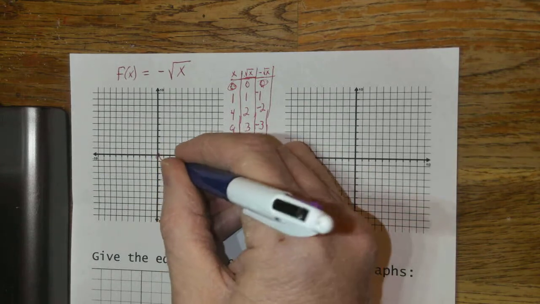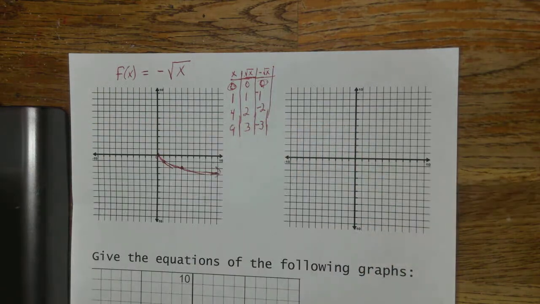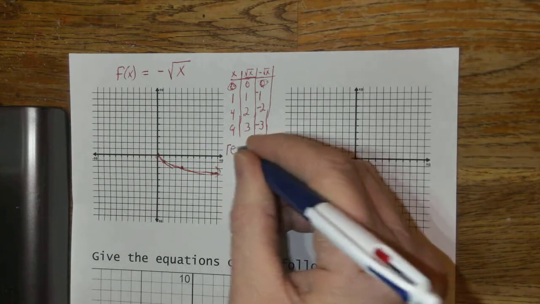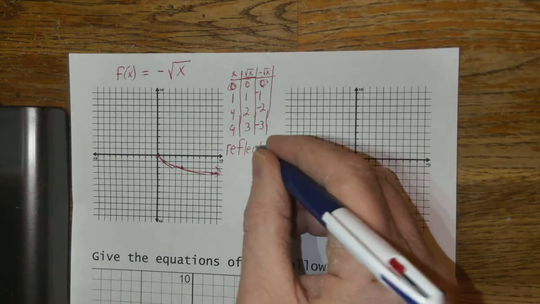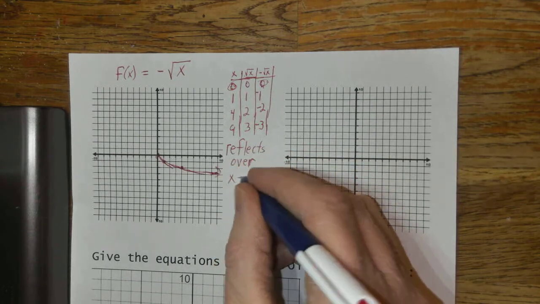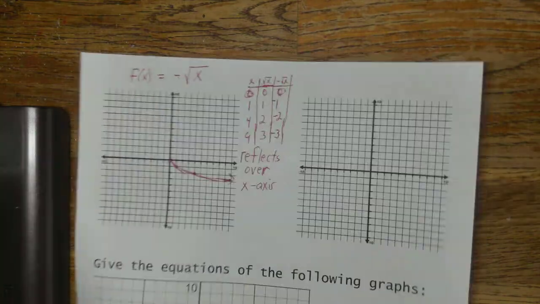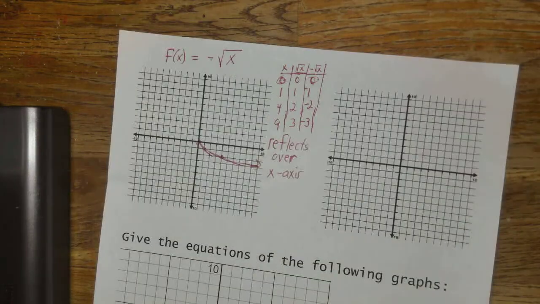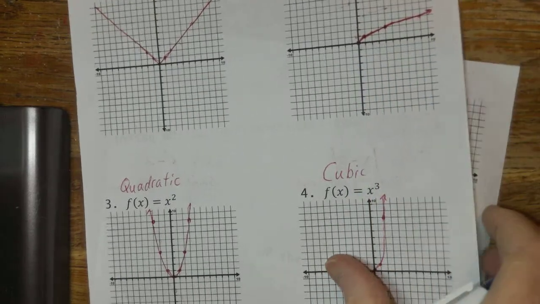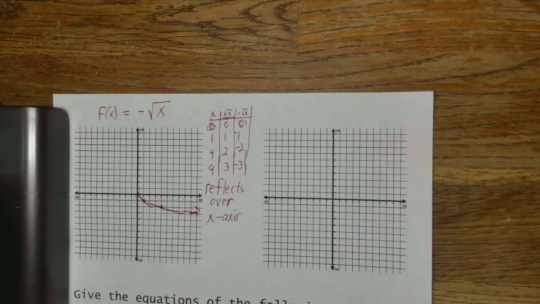So now the square root function has just been flipped over the x-axis, and flipped is not as precise a term. So let's say it reflects over the x-axis. Here's our reflection when we put that negative out front. This is reflected over the x-axis. Okay, let's graph one more.